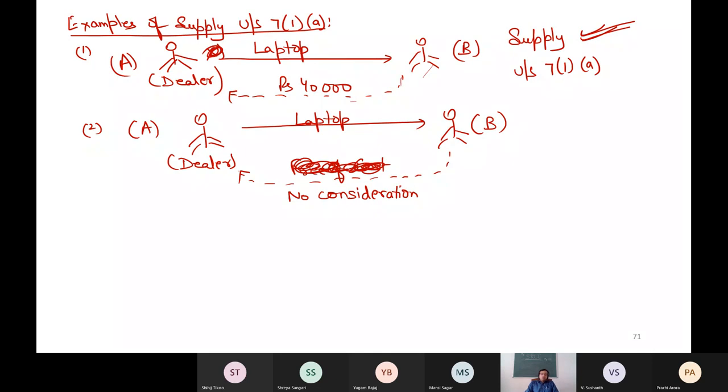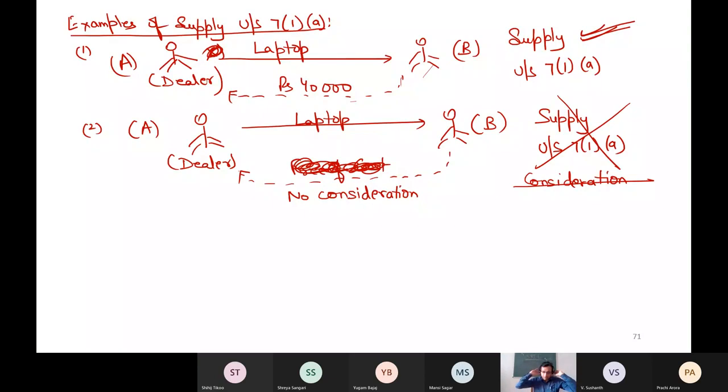No, sir. No. Why? Because for 7(1)(a), both the things are necessary. So it is not a supply under 7(1)(a). Why? Because consideration is missing. But it does not mean that it is not at all a supply. It can be a supply under 7(1)(b) or 7(1)(c), which I have not yet read. It is not a supply under 7(1)(a), but I cannot take the final decision just by having a look at 7(1)(a). We have two more clauses.